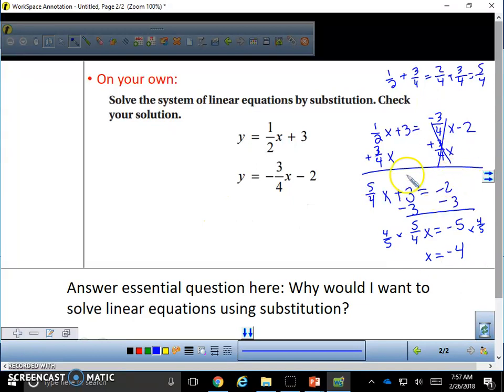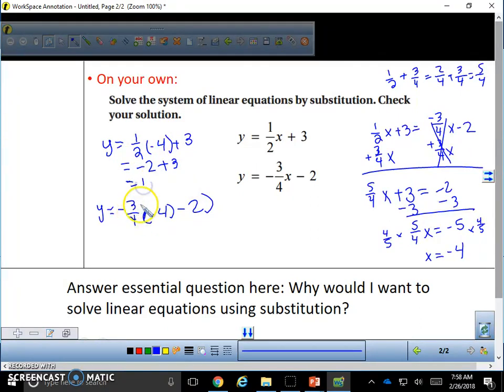Okay, step 2 done. Step 3, plug in for x over here. So y equals 1/2 times negative 4 plus 3. Y equals negative 3/4 times negative 4 minus 2. What's half of negative 4? Negative 2 plus 3, 1.